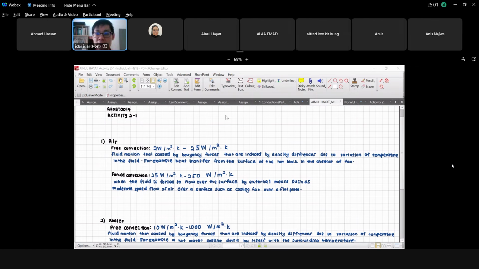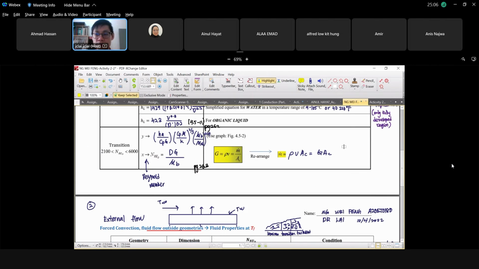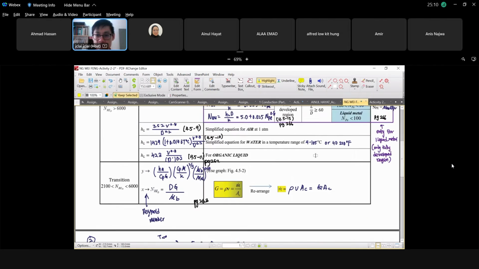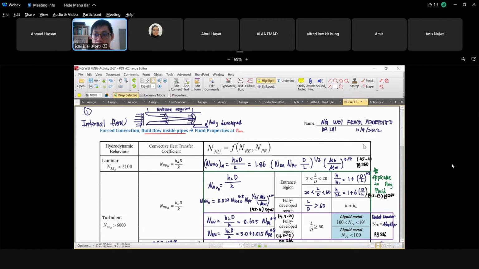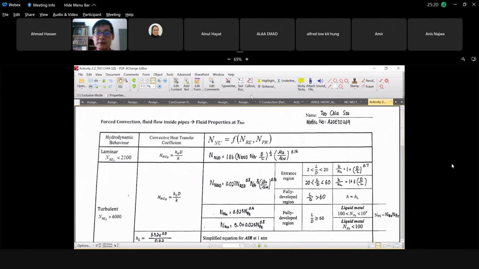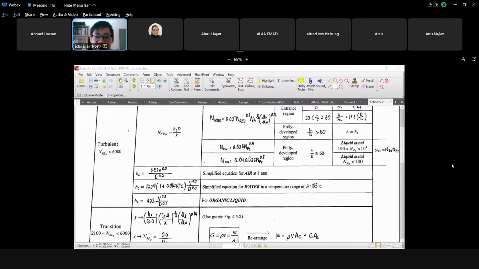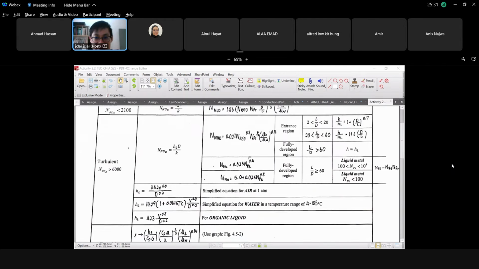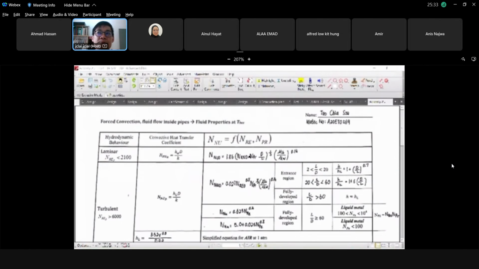It's just the beginning. So, activity 2-2. Basically, why we give you this activity is so that you prepare a list of equations for yourself, to ease yourself when you try to solve problems after this.